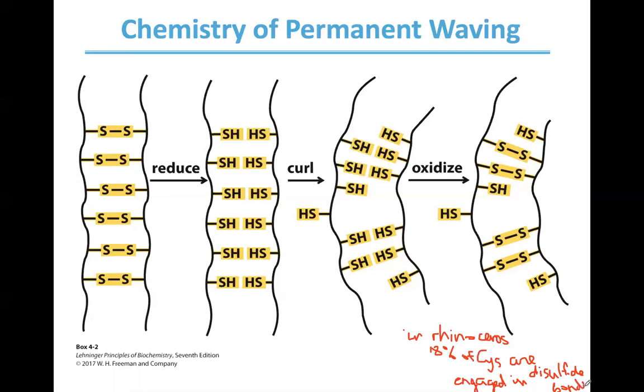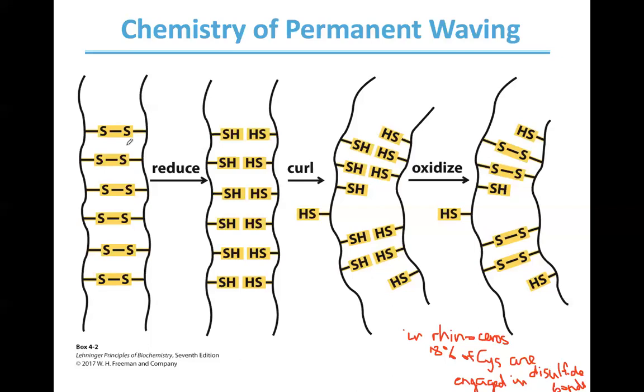There is a small box in your textbook that talks about the chemistry of permanent waving, right? So if this is your hair, how do you change your hairstyle, right? There are all these disulfide bonds linking the keratin strands together, right?